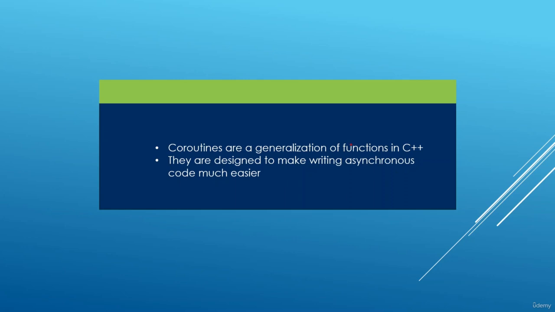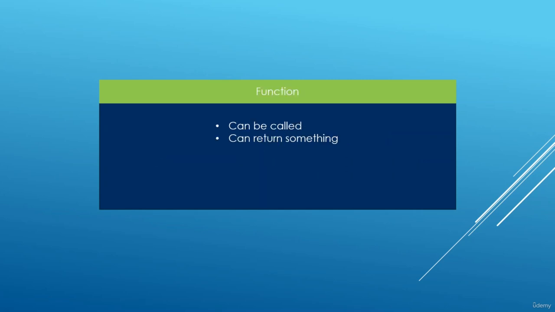Coroutines are a feature that is built on top of C++ functions, and they are designed to make writing asynchronous code easier. Now, if we look back at functions, they can really do two things. You can call a function, and a function can optionally return something. And this is really all we can do with functions as we know them in C++ standards before C++20.